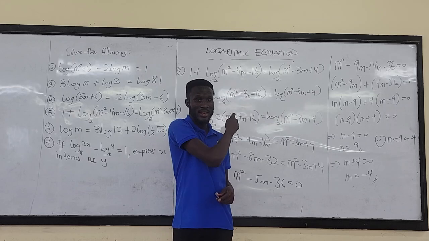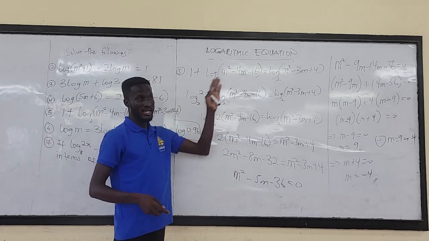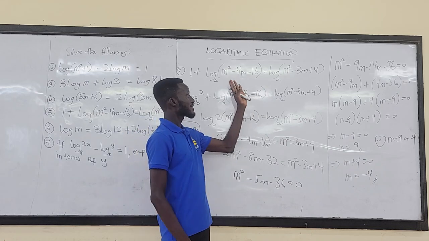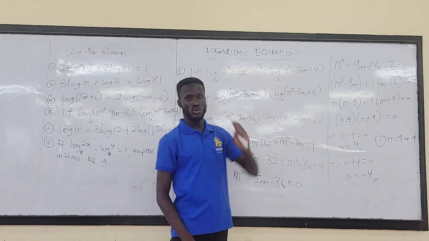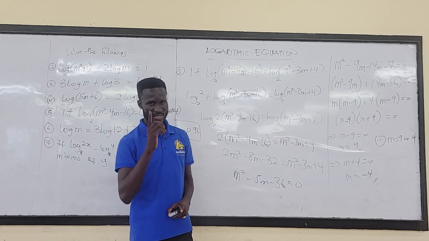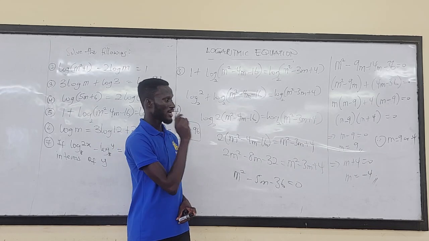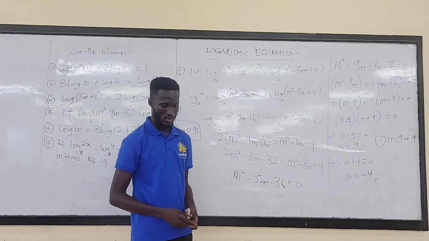Just put it inside the main equation. If this one doesn't give a negative, it satisfies the equation. So when I check, this one will give us positive, this one also gives us positive. You need to relax and check this before you conclude your final answer. Otherwise, next time you can get something wrong, because it is not always that the answers will satisfy the equation.